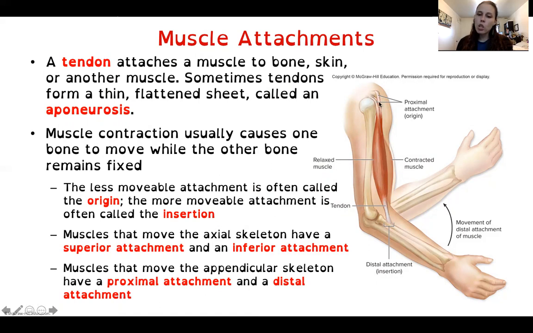So this is the origin of the muscle. This is where the muscle is attached to the bones. And then we have this other attachment, which is more movable when the muscle is contracting. This radius is moving. And so that is the insertion of the muscle. These days, these are also called superior or inferior attachment, or proximal and distal attachment.